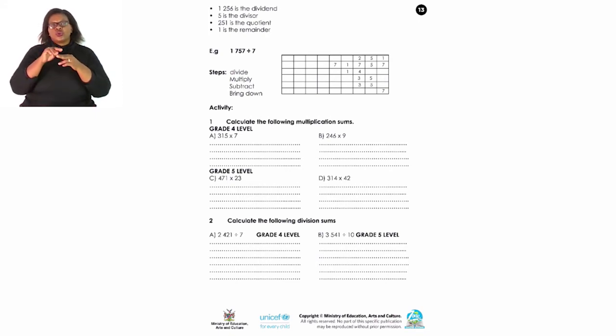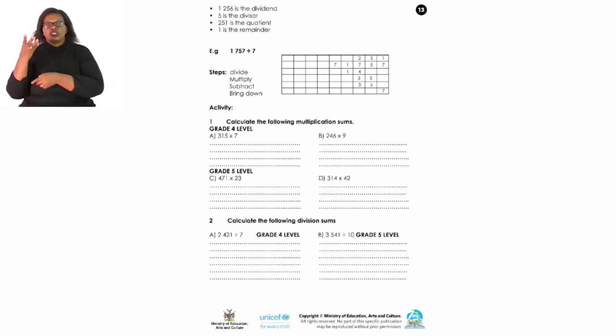Good. Boys and girls, let's look at the activity. The first one, it says, calculate the following multiplication sum. For the grade 4 level, I want you to work it out. 315 times 7. And B, 246 times 9.